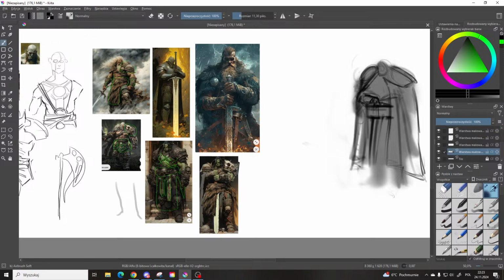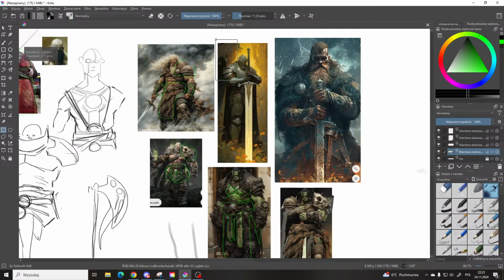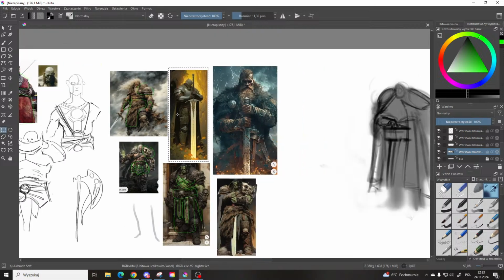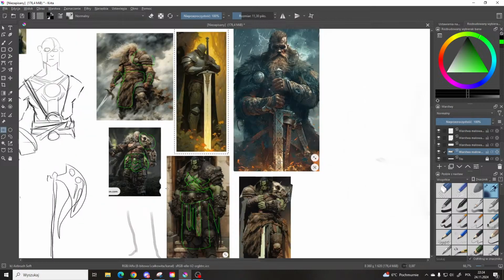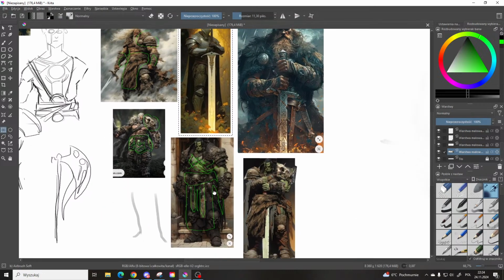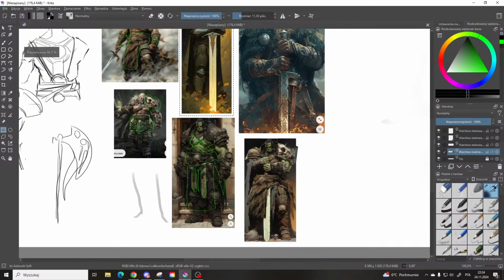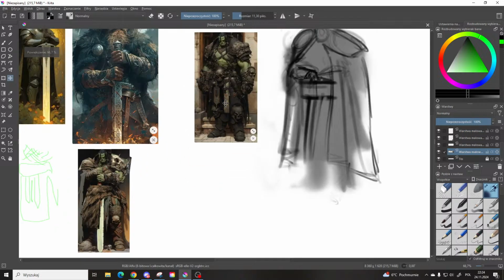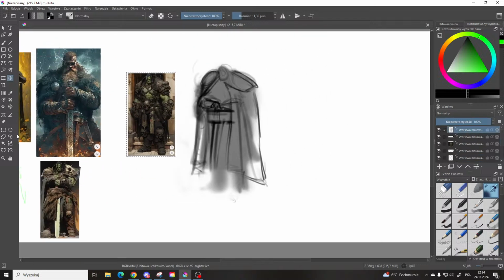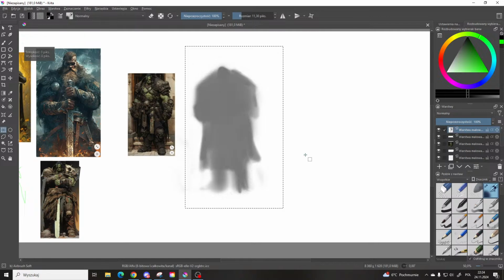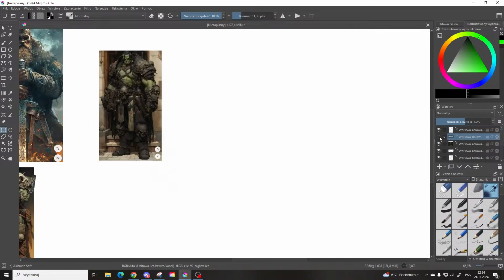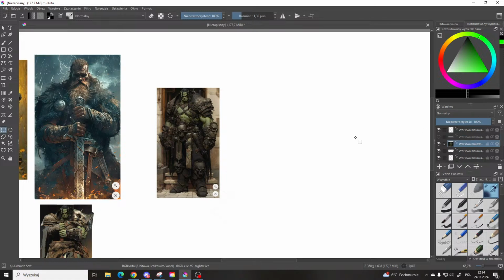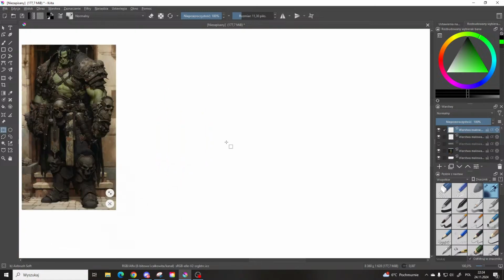Maybe I will check what will happen if I just draw more of his pose instead. Or maybe even this guy. Okay, whatever. So I'm gonna make a little figure drawing here, and then I'm gonna draw my design on top of that.